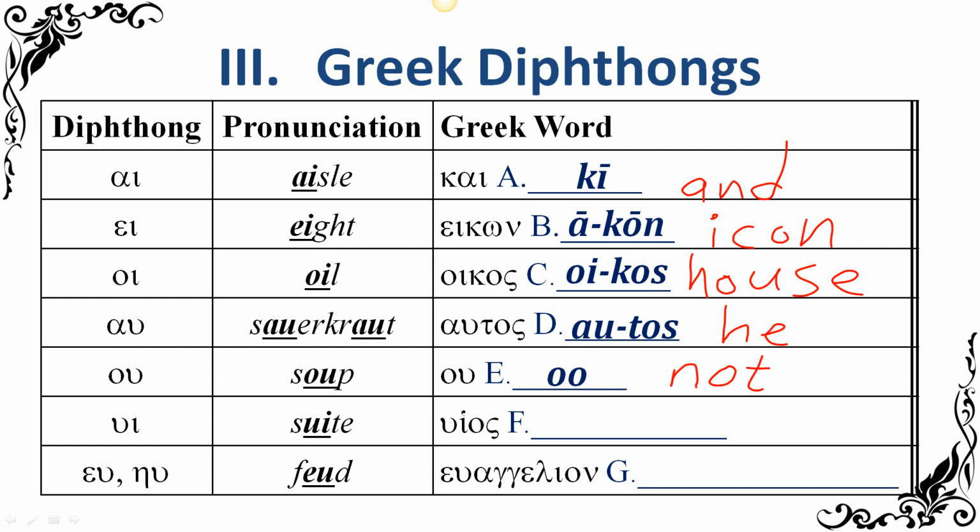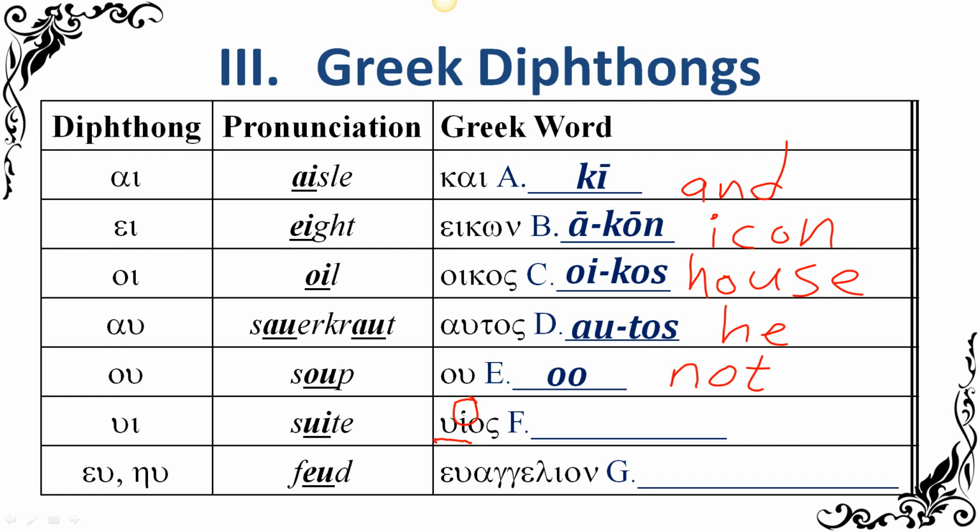All right, and then this one, I hate it because it actually technically has kind of a consonantal sound in it. Upsilon iota sounds like the we in sweet, so it has kind of a W sound in it, even though it's a vowel, which is just weird. So this word, you'll notice it has the diphthong, and then it has the forward apostrophe on the second vowel.